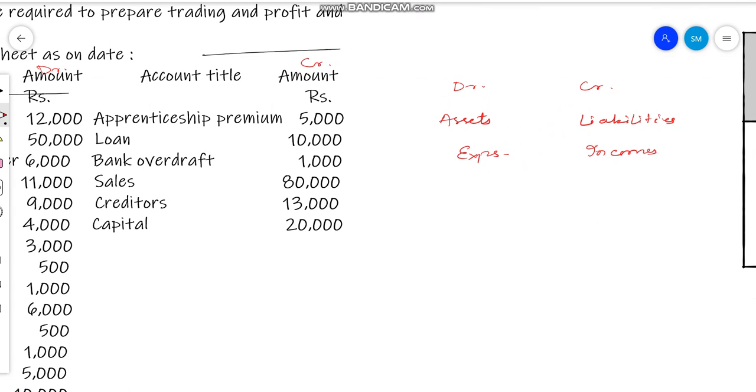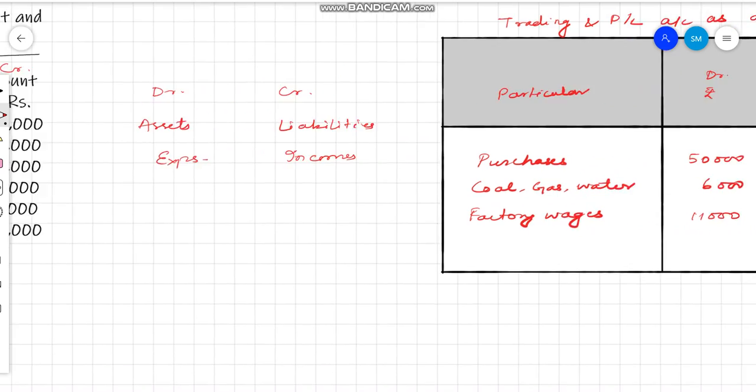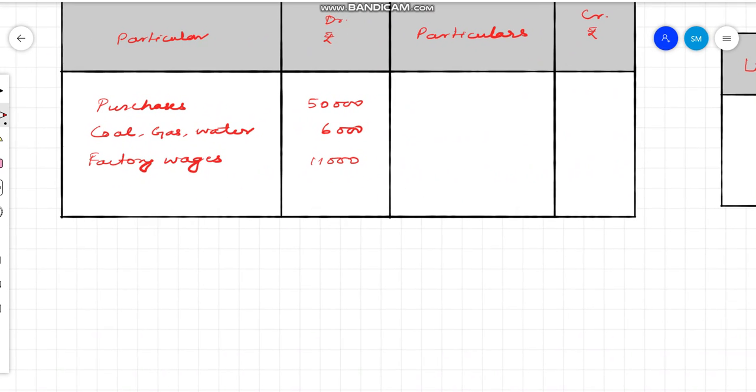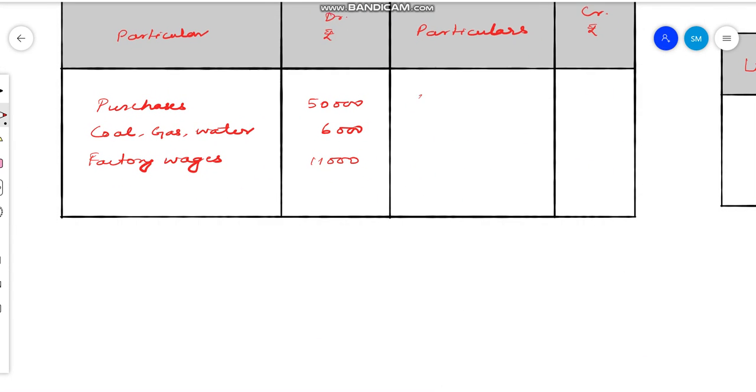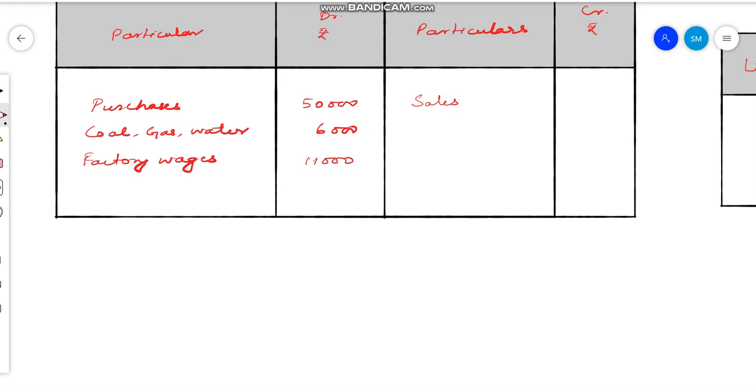That means I have taken a loan of 10,000 rupees. It will go to the balance sheet. Bank OD also is not my income, so it is a liability. Sales means it is part of factory income because we are producing goods and selling them. So here I will record sales, 80,000.